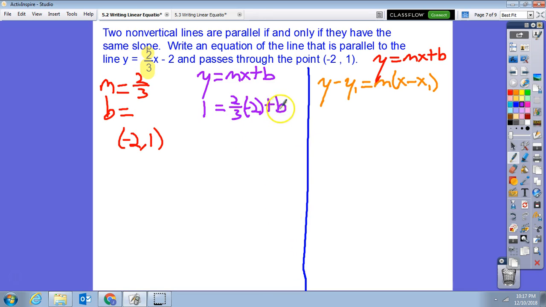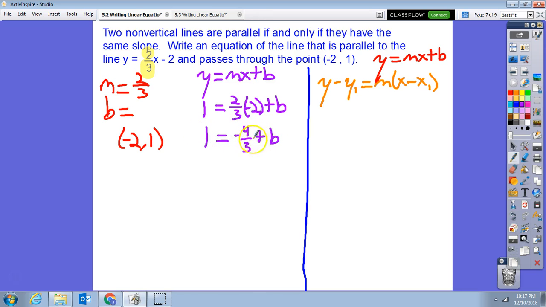And then I can find my b. Now it is an ugly fraction here, so I am going to do a little bit of math in my head for you. But you can always go through and use a calculator if you need to. Just saving a little bit of time in this video. So negative 2 times 2/3 would end up being negative 4/3 because you multiply negative 2 times 2.